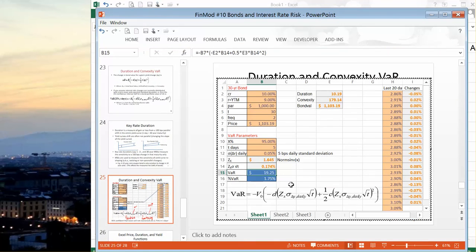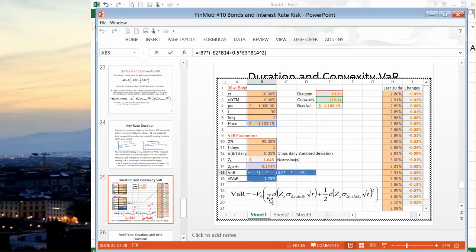So we then calculate our 5-day 1.65 standard deviation change. 5-day, square root of 5 times the daily standard deviation. That'll give me the 5-day standard deviation times 1.65. So we would not expect to have a 17 basis point change or more go against us 95% of the time. So then we can calculate our VaR formula.